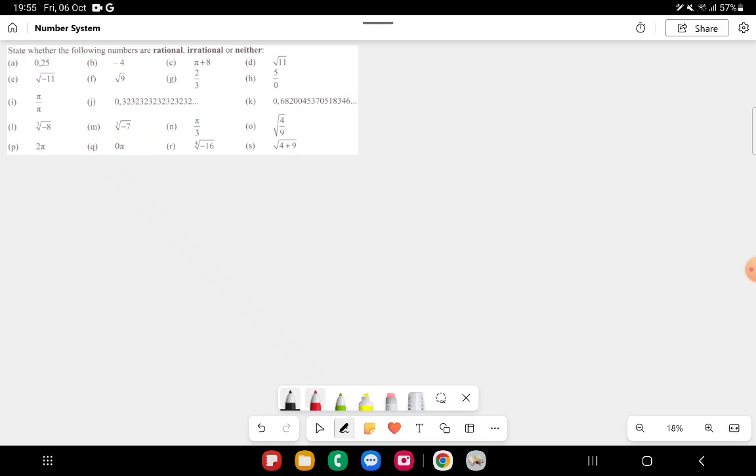So let's see. A is 0.25. It ends there. It is terminating, so it is rational. We said the rational symbol is Q. Okay, let's do this. We'll have a heading for rational, and irrational has got two R's.